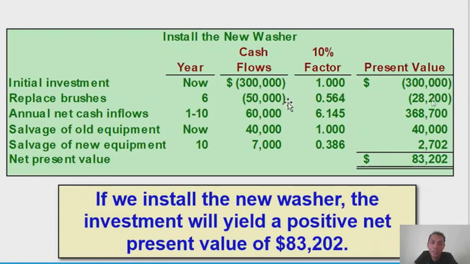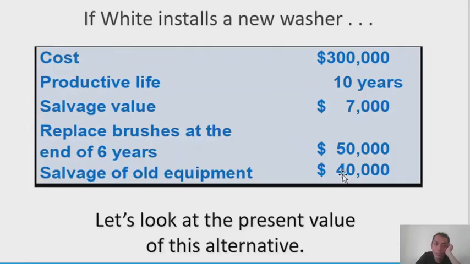So you get the negative 28,200 by multiplying the cash outflow for replaced brushes with the respective discount factor. Now we also have the annual net cash inflow kanina from year 1 to 10. Bakit year 1 to 10? Kasi ang productive life ng machine is 10 years.